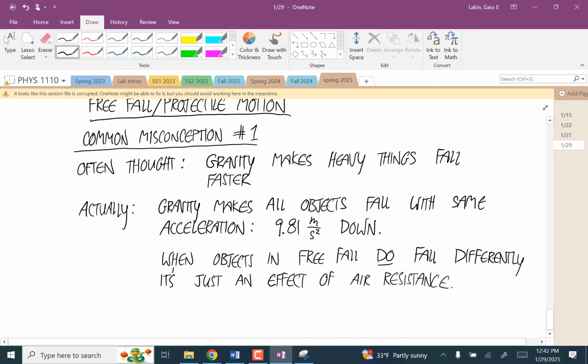So the reason that a truck and a feather fall differently is because there are different interactions between the feather and the air than there are between the truck and the air. It doesn't have anything to do with gravity.